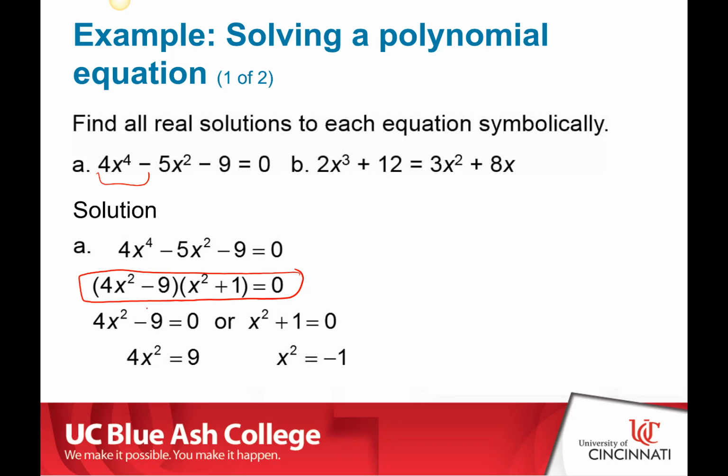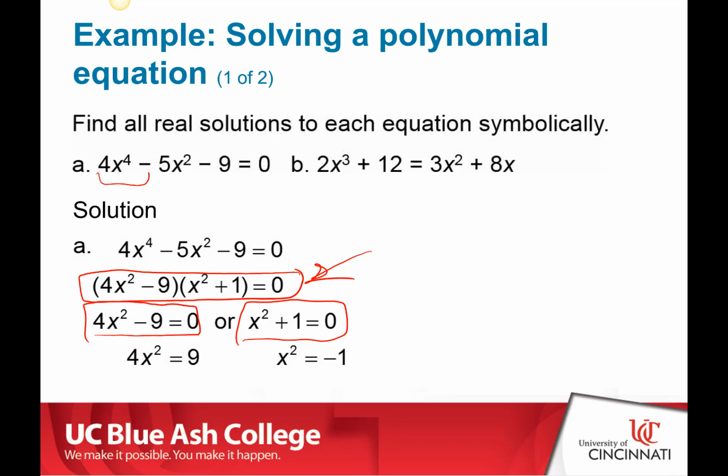Okay, so we take this, factor it, and you have 4x squared minus 9 is 0, or x squared plus 1 is 0. Do you know anything about the x squared plus 1? What's that going to give you in the way of roots?